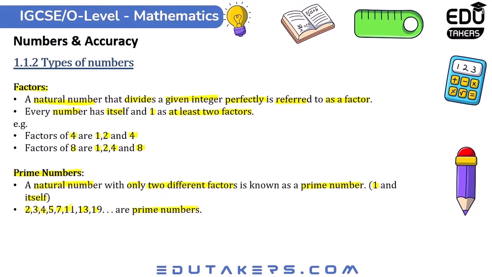They have only 2 different factors, 1 and itself. Keep in mind that 2 is the only even prime number. The rest of the prime numbers are odd.